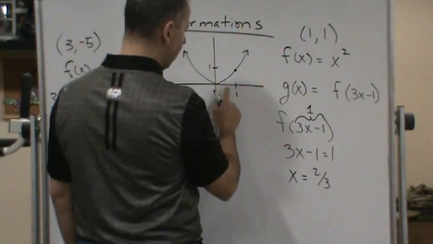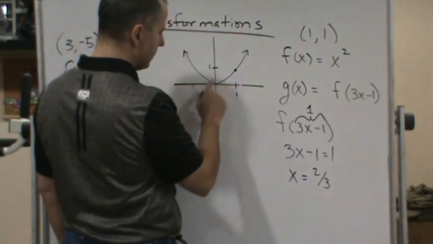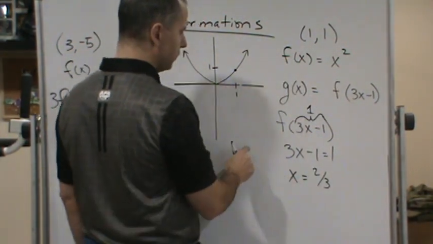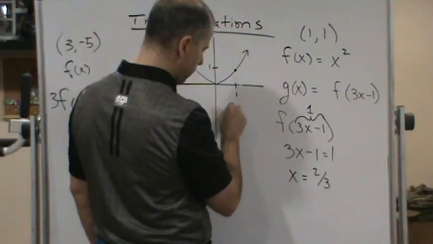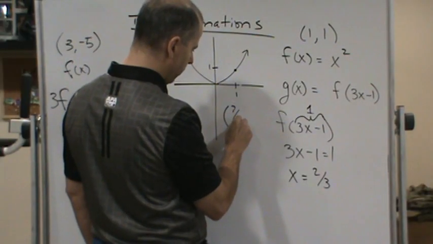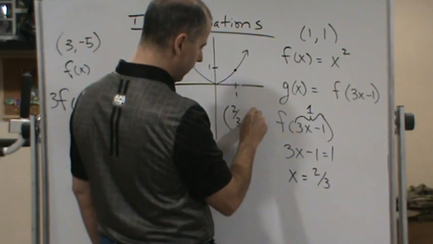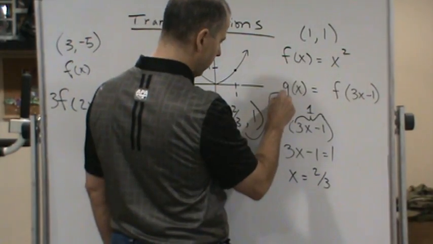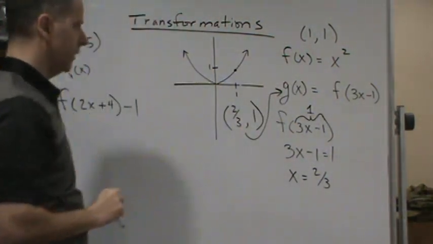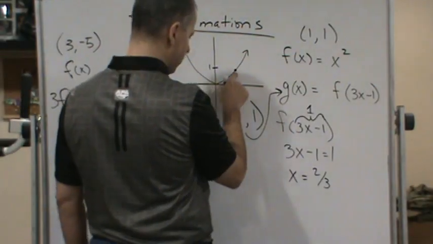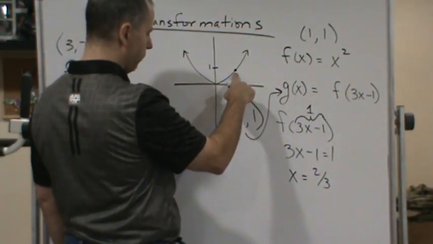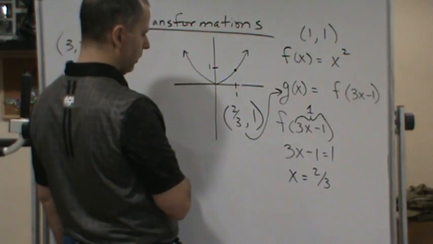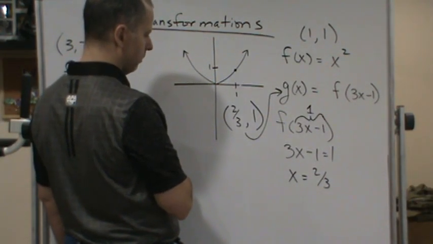So I know that this point at 1, 1 for f of x moves to 2/3, comma 1 for g of x. So this point moves over a little bit to the left.